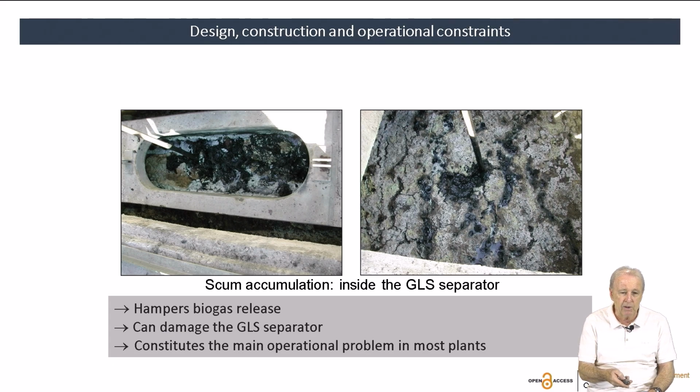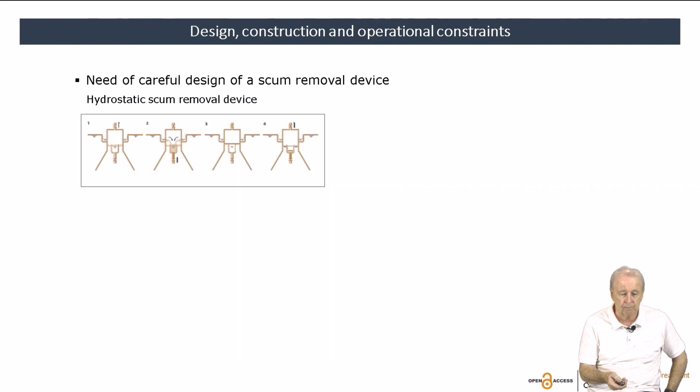It can damage, in some cases, the GLS separator, especially if it's made of fiberglass. This material may not be resistant enough to the loads applied by the scum on the walls of the three-phase separator. And as I said earlier, it constitutes nowadays in Brazil perhaps the main operational problem in most full-scale plants.